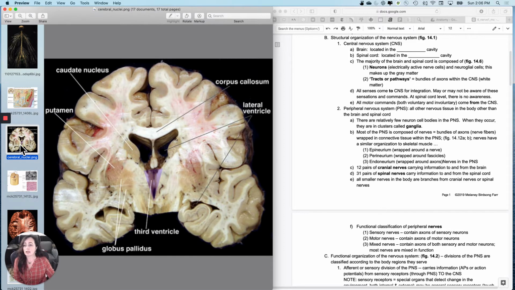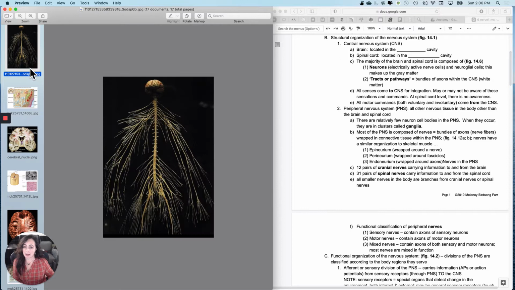So every sensation, going back, every sensation, if I felt it in my finger, would have to go to the central nervous system for integration, meaning there's no point in gathering information without telling the central nervous system about it. But importantly, and we'll talk about this in the next set of notes, you are only consciously aware of sensations that make it to your cerebral cortex.